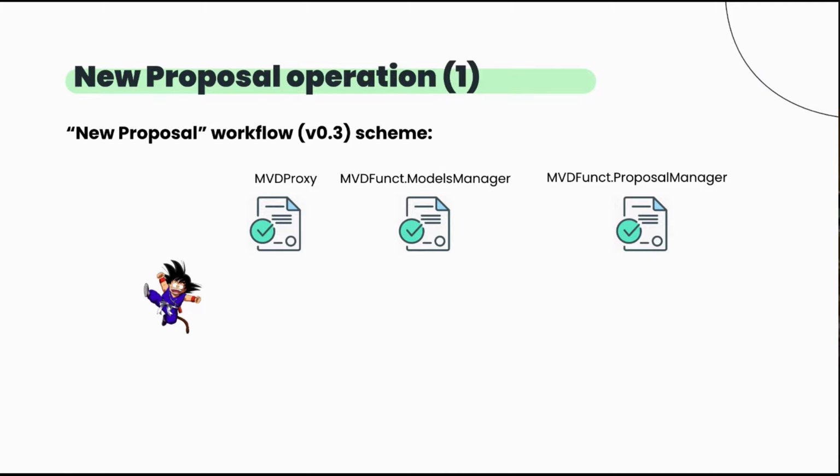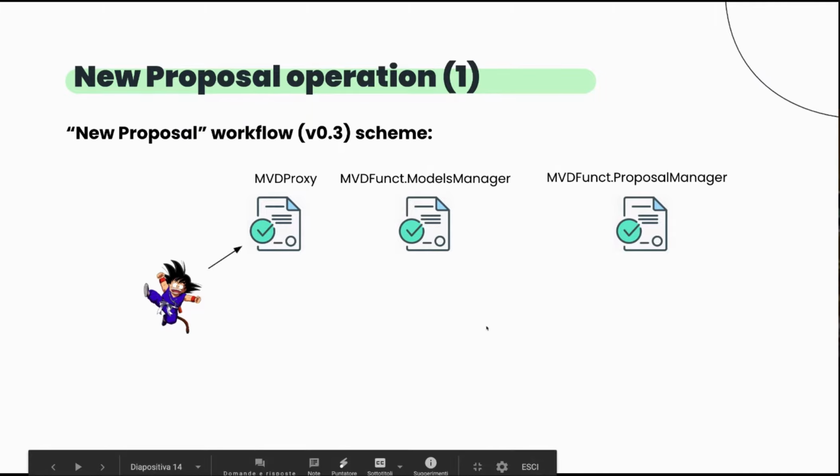First of all, we have our user, in this case represented by Baby Goku. The user calls the DoubleProxy contract to create a new proposal.